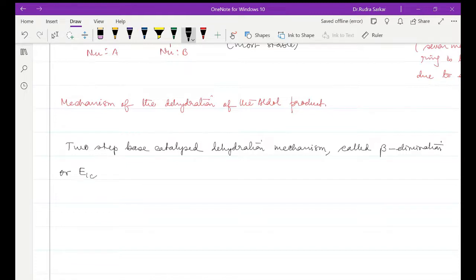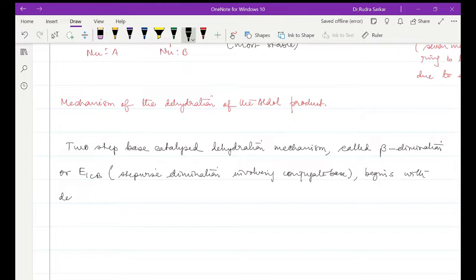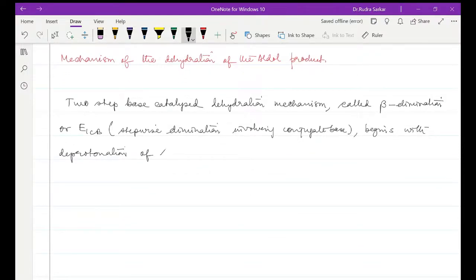or the E1CB, which is the stepwise elimination involving conjugate base, which begins with the deprotonation of the alpha carbon to form an enolate.